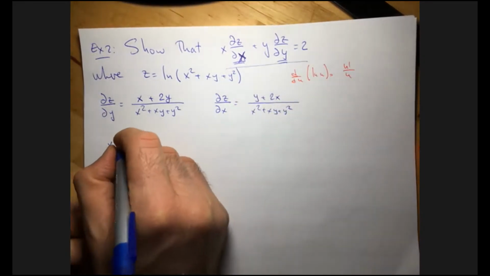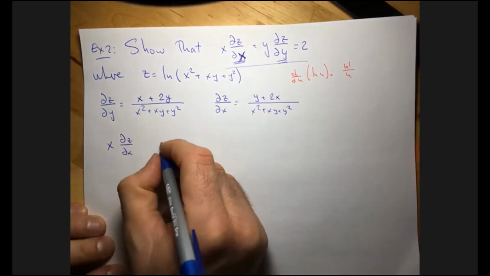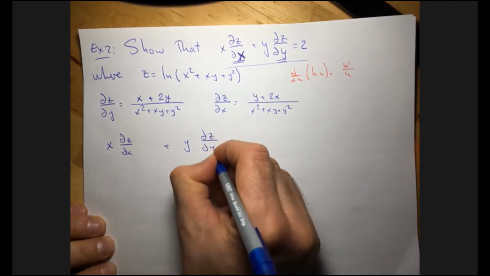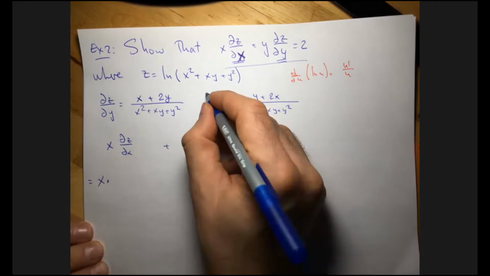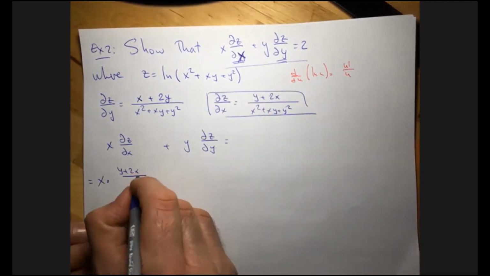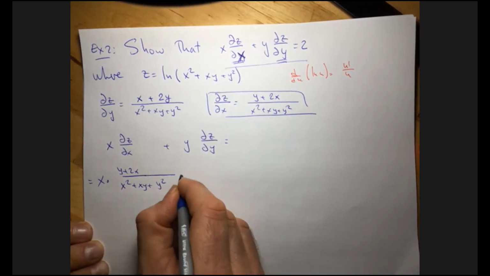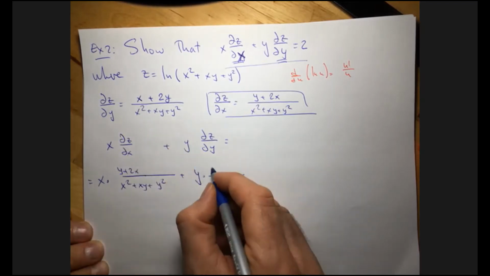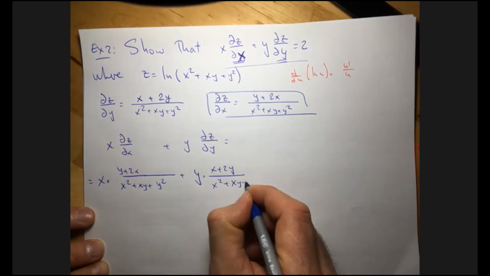So x partial z partial x plus y partial z partial y is equal to x times (y plus 2x) over x squared plus xy plus y squared, plus y times (x plus 2y) over x squared plus xy plus y squared.